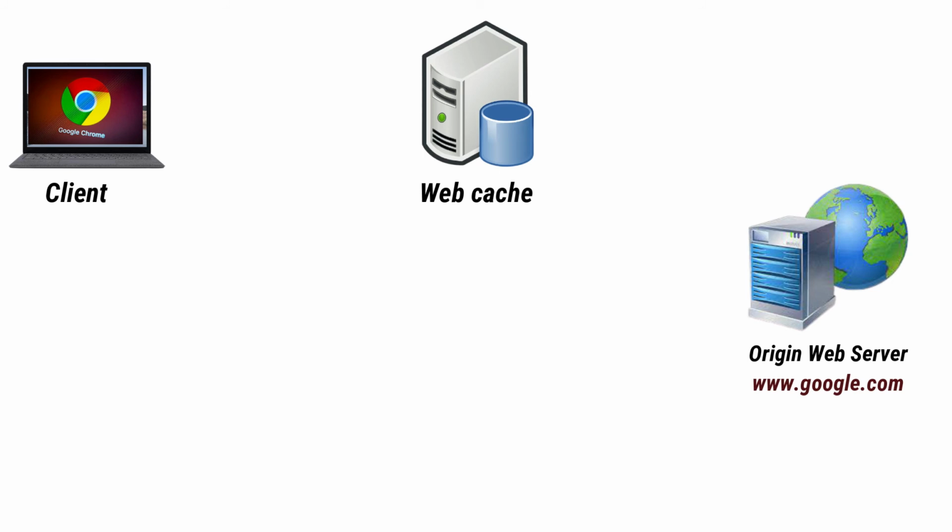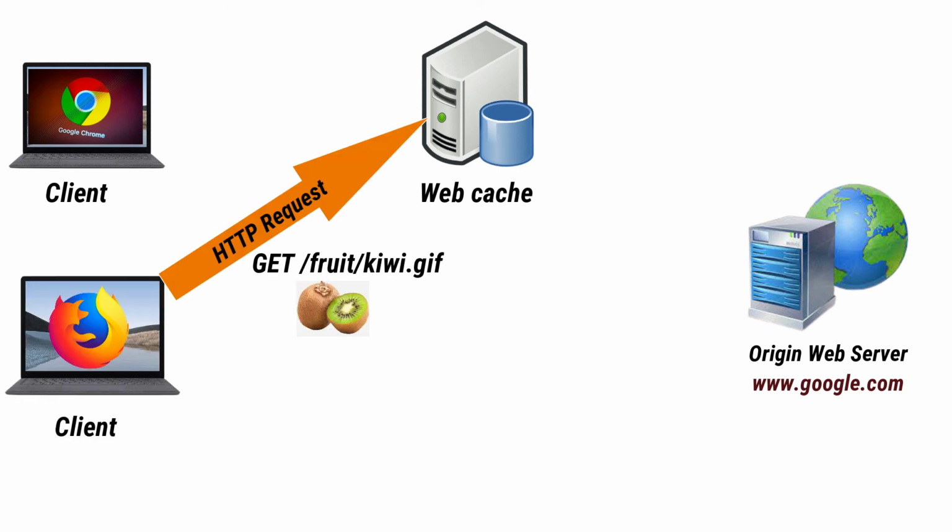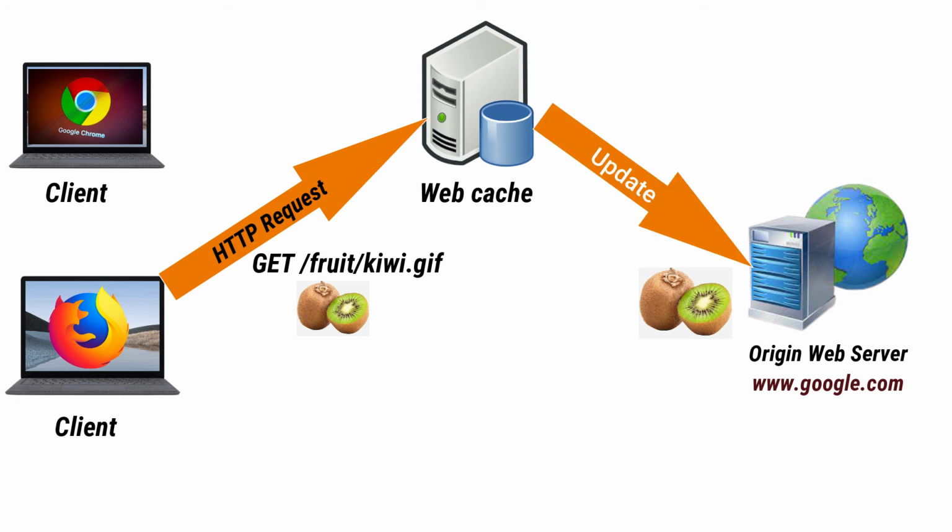Then, one week later, another web browser requests the same object via the proxy server and the object is still in the cache. Since this object may have been modified at the Google web server in the past week, the cache performs an up-to-date check by issuing a conditional GET message.